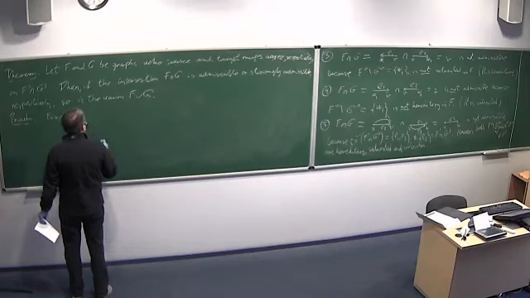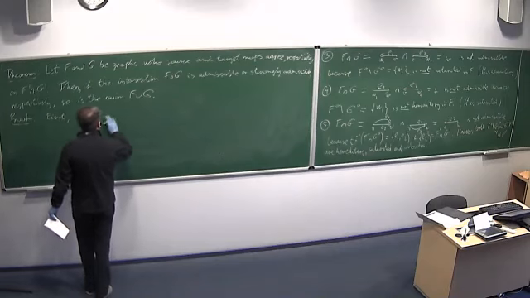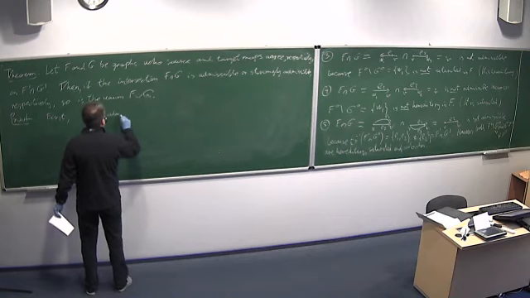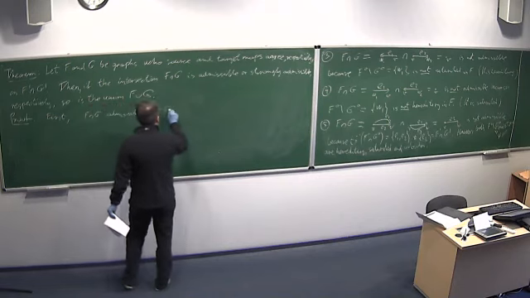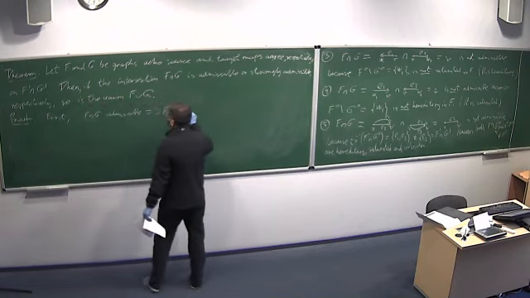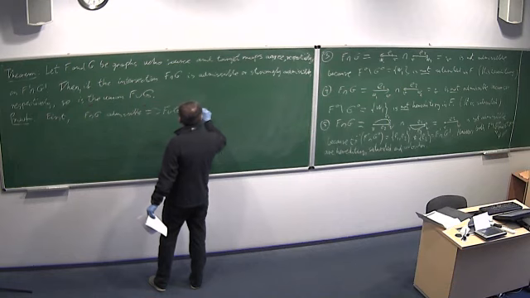So let me write it like this: F and G admissible implies F union G admissible. So we do it in two steps.